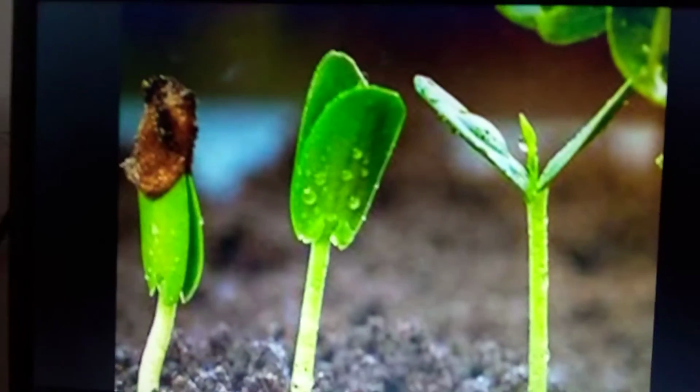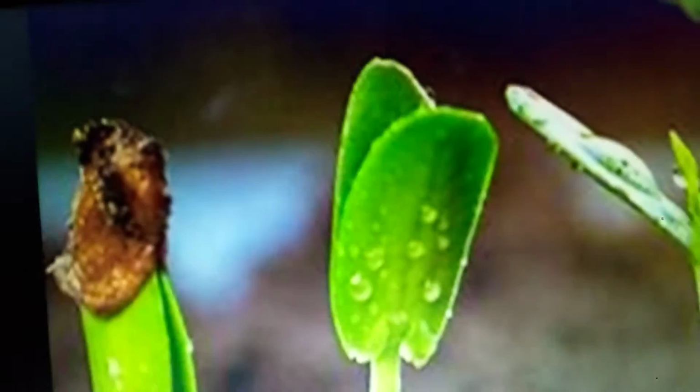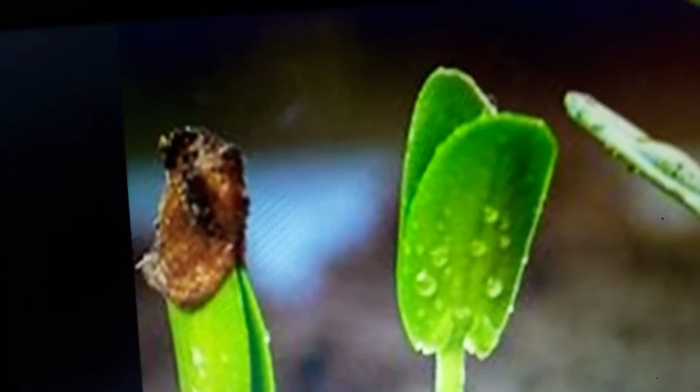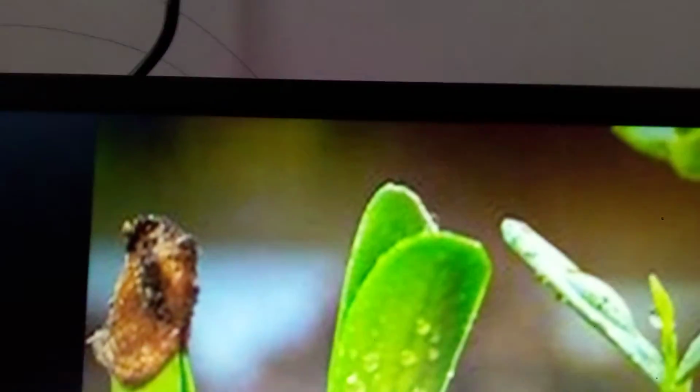This is the picture of germination. Whenever you go to your garden, if you have planted some seeds, you will see that first it is in position number 1 like this.